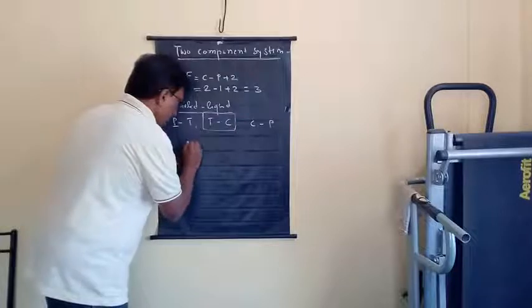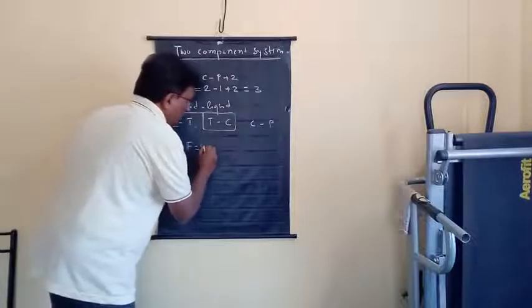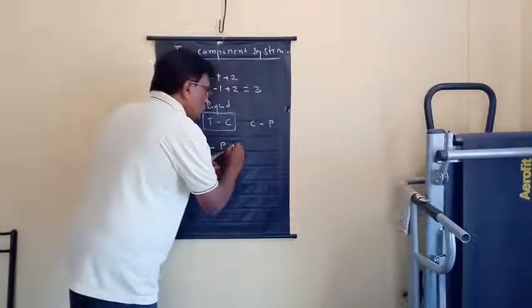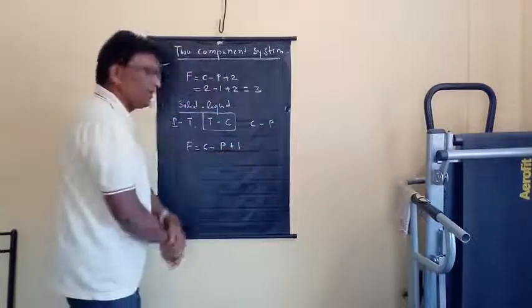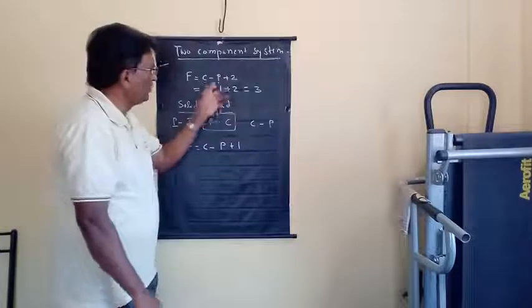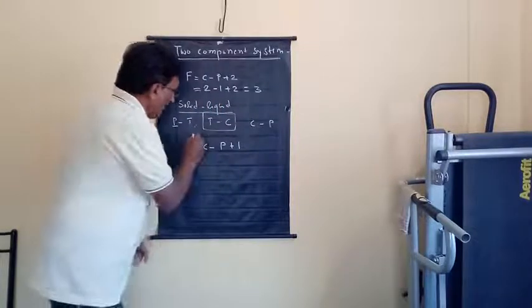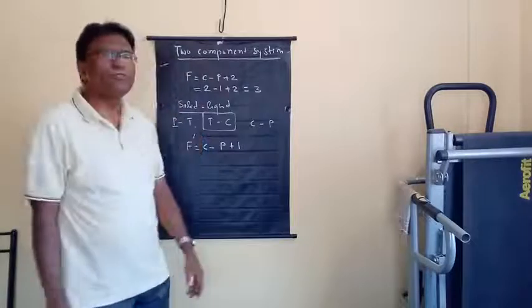Now, how can that be possible? Here we have F = C minus P plus 2. Instead of plus 2, here we can write plus 1. Then if we put these values here, F will be 2, and therefore this is called a reduced phase rule.